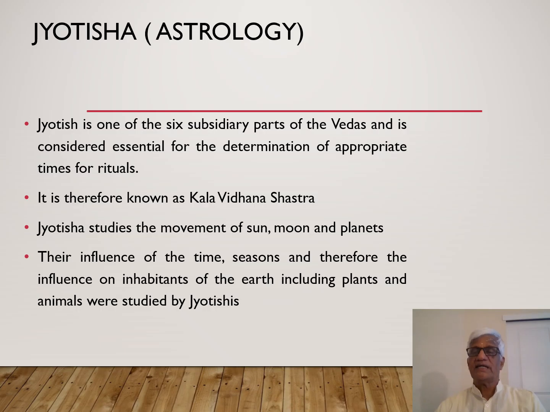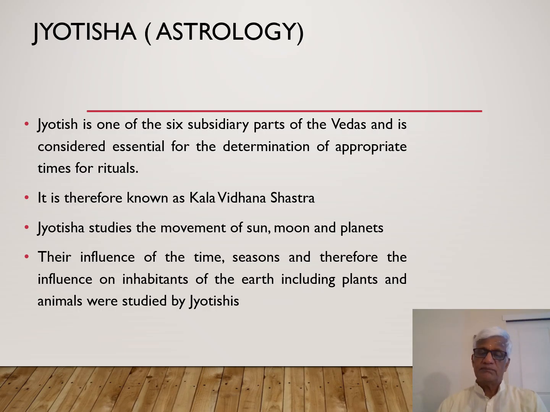How do you determine a time's suitability, etc.? It is primarily done by knowing the movement of sun, moon and other planets. So we know that the movement of the sun has determined the length of the year. The movement of the sun determines the seasons.